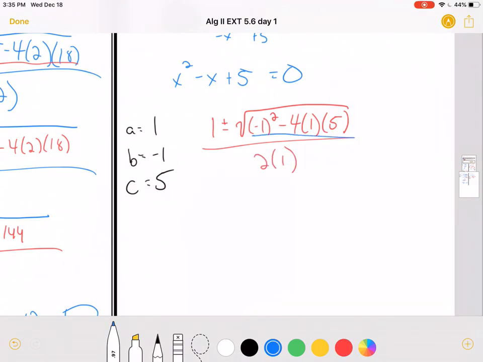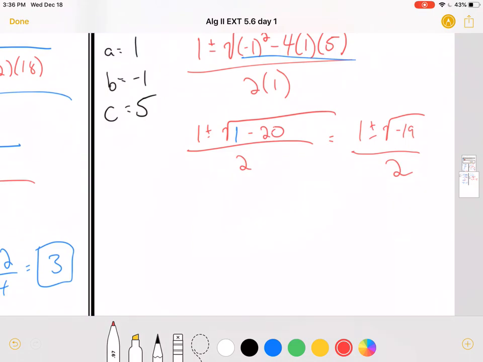Again, reduce what's underneath the square root. 1 plus or minus the square root of negative 1 squared is 1 minus 4 times 1 times 5. Now, that you should be able to do in your head. 4 times 1 times 5 with a negative out front is 1 minus 20 all over 2 times 1, which is 2. Now, again, you should be able to do this in your head. We get 1 plus or minus the square root of 1 minus 20, negative 19 over 2.